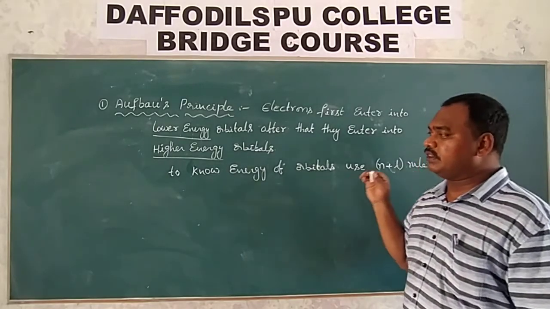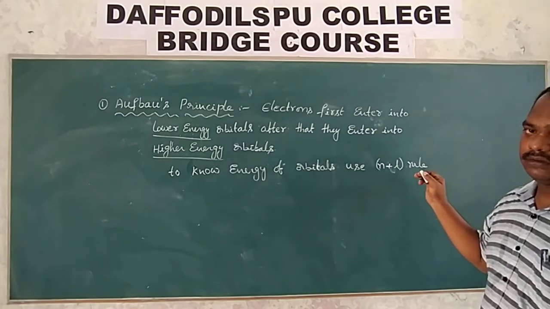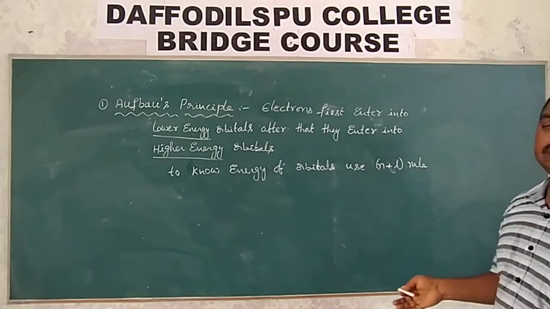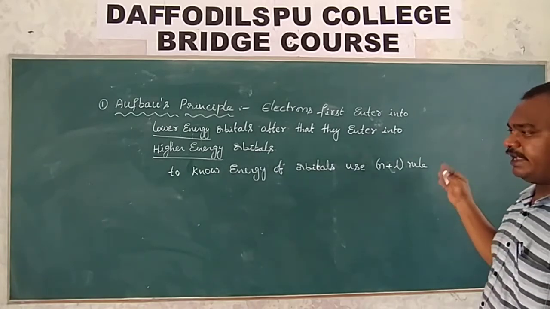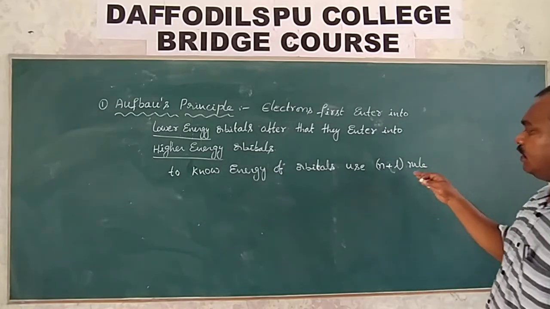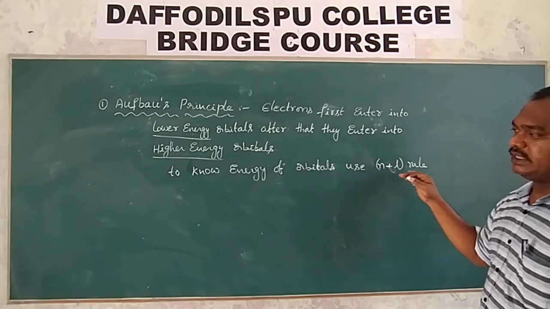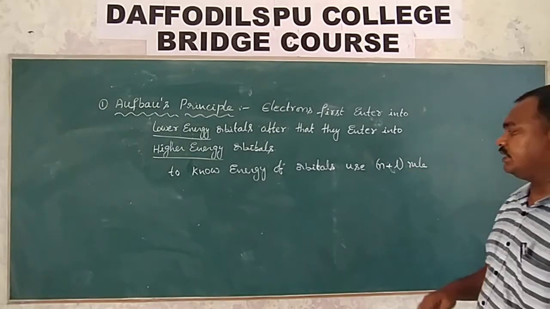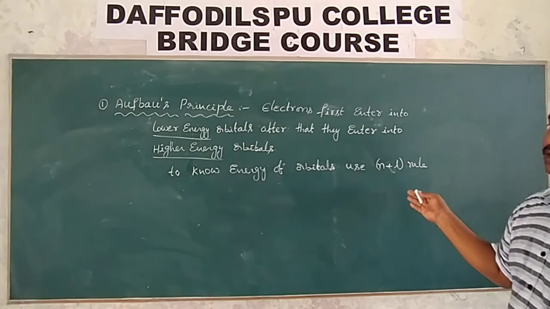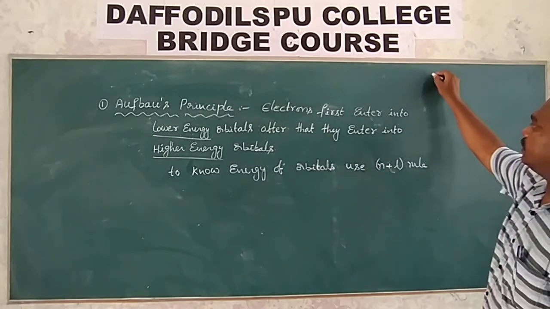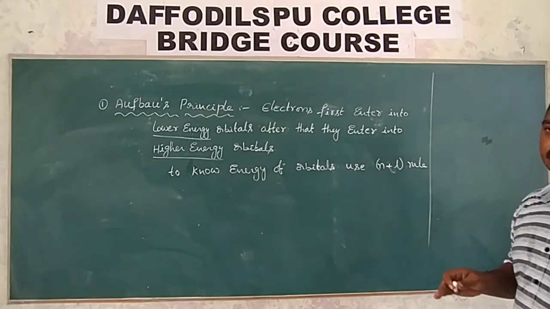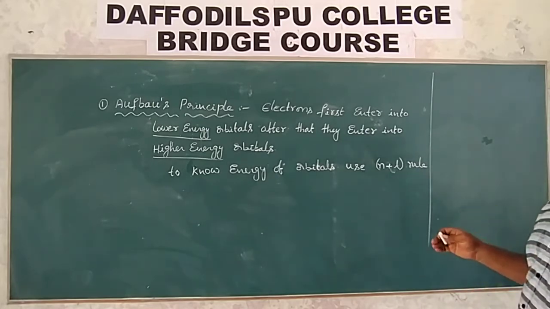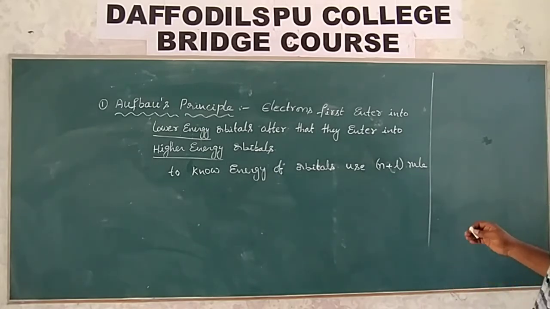So without going through the n plus l rule, we can find out easily by using the diagram. After that, I will show you what this n plus l rule is and how to calculate the value of n plus l, all those things. First, look at this diagram, and it becomes very easy to find out the energy levels of different orbitals.